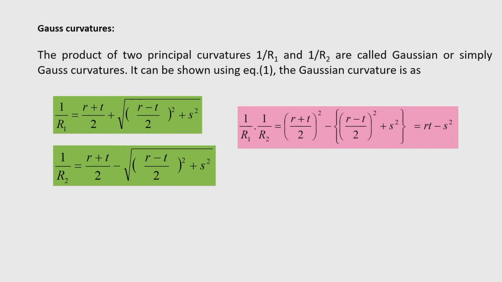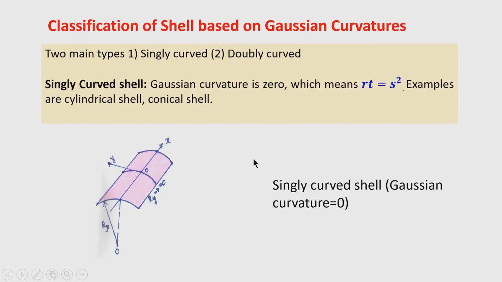Now, Gauss curvature is an important parameter which is used to classify the shell in different categories. So, we shall now discuss the classification of shell based on the curvature, and especially the parameter Gauss curvature is used to classify the shell. Now, broadly the shell is classified as singly curved shell and doubly curved shell.